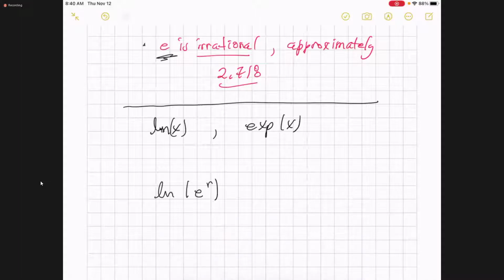I won't call anything else e. This is equal to r ln of e from the rule we proved. At least we proved it for the rational numbers, r, okay? It's true for all real numbers. But ln of e is equal to 1. So ln of e to the r is r.